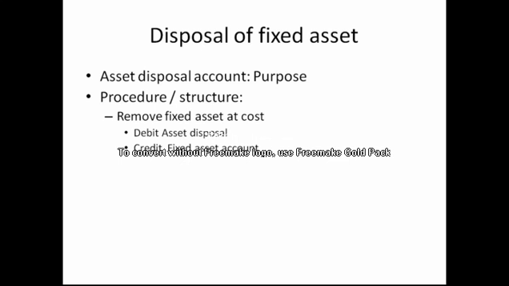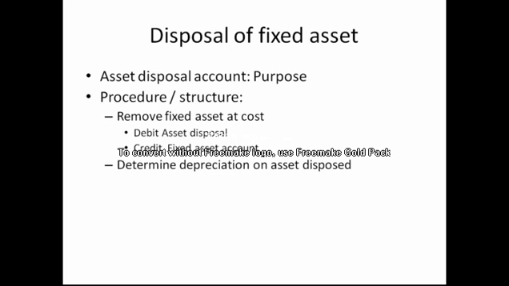Furthermore, we know for every fixed asset we also have a negative asset account, accumulated depreciation. So we also have to remove that. But before we can do that, if we get rid of an asset during the course of the year, we will first have to calculate the depreciation on that asset up till the time that it is disposed of.